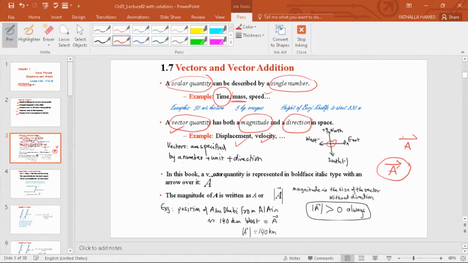Now, in textbooks, especially in the old days when they started printing things, it was difficult to add this arrow at the top. So in books, they usually use bold letters, and these bold letters indicate that the quantity you're using is a vector.